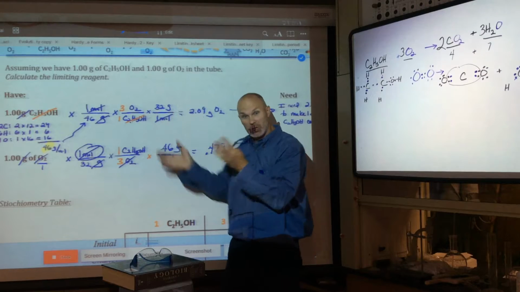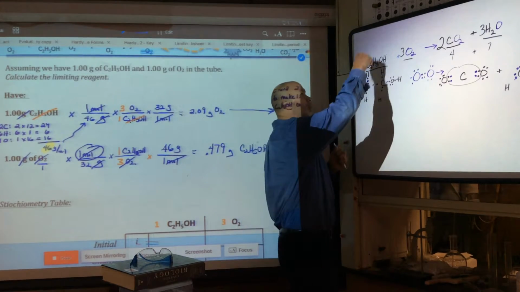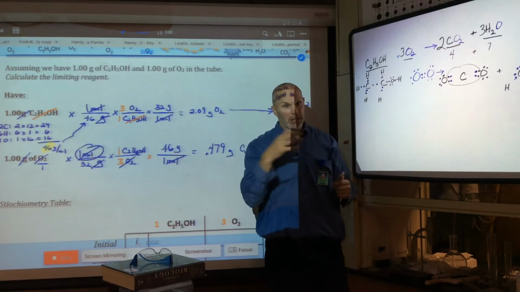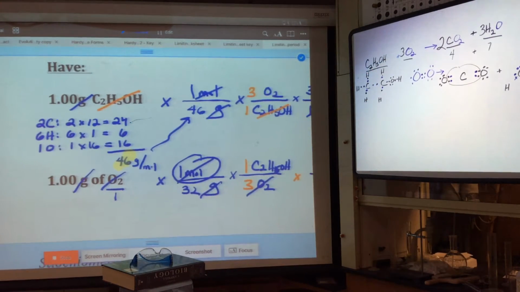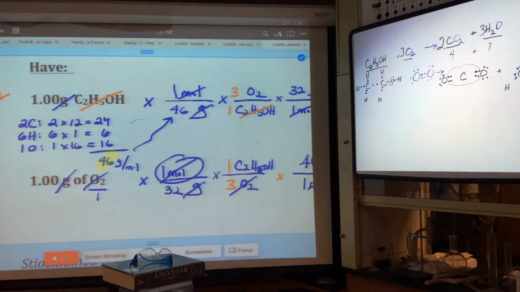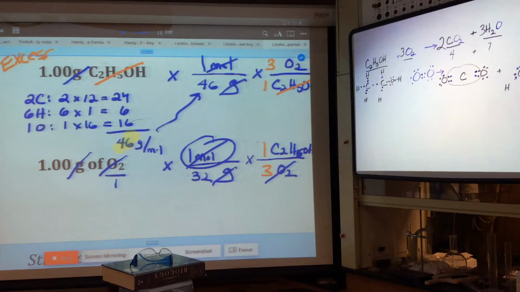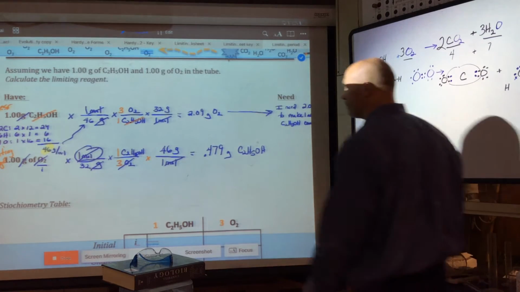So both of these Stoich problems, where you figured out how much of the other you need, clearly scream, okay, that this one is the excess, and this one was limiting. You say, well, why do we care? Because in an AP problem, here's what they'll do.